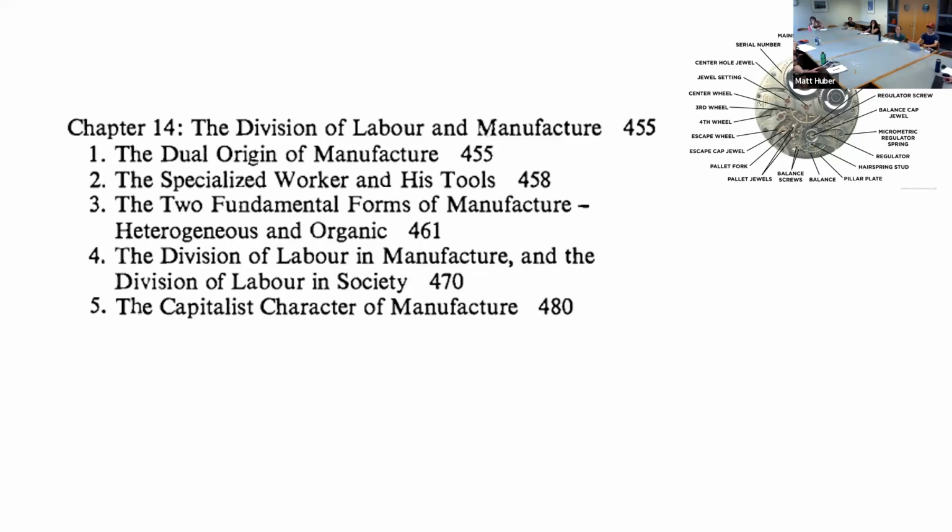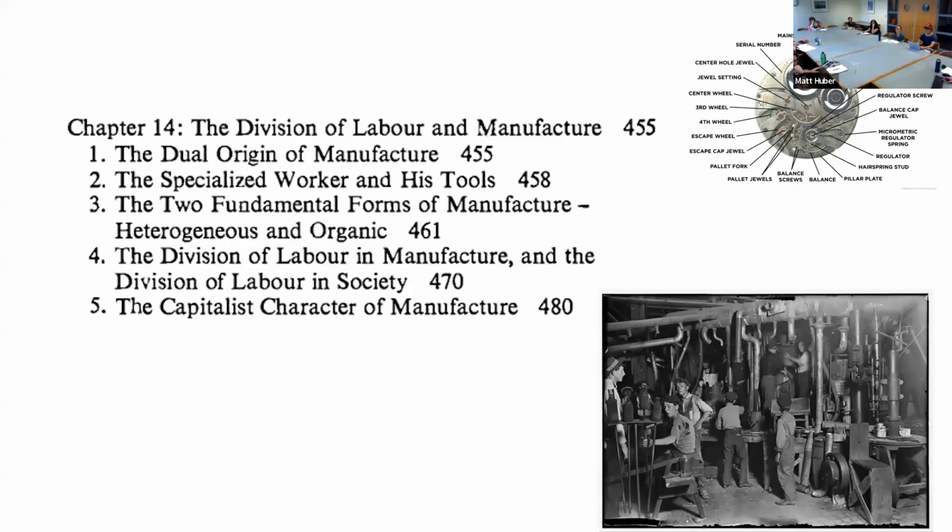Organic is more, this is a picture I found of glass production, which he uses as an example, where you need workers to pass one thing to another, and they're constantly adding to the process of production. It's this kind of delicate dance, if you will.